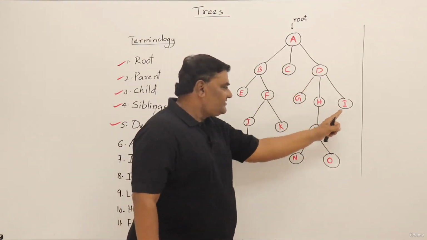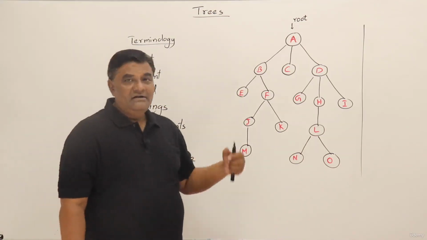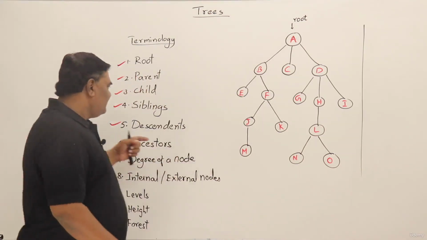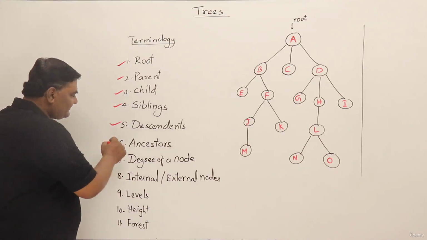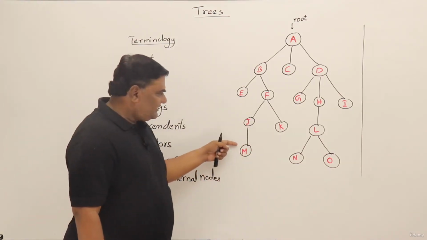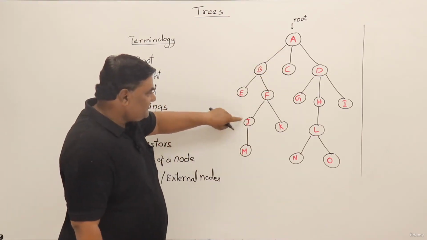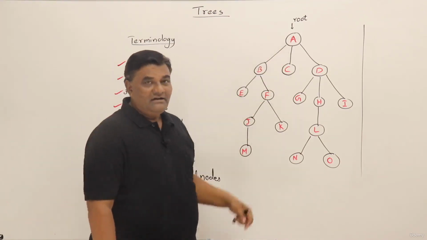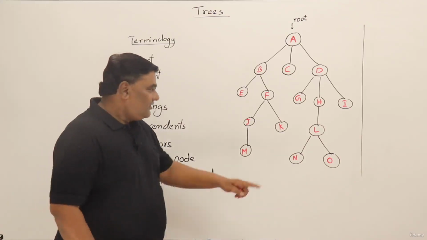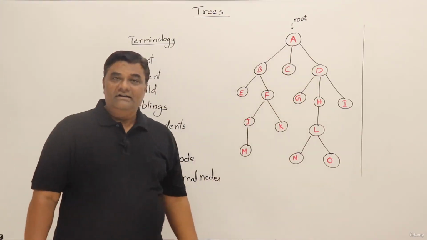For D, G, H, I, L, N, O, all the nodes that are reachable from D are descendants of D. Next is ancestors. For any node, all the nodes along the path from that node to root node. So for M, J, F, B, A are ancestors. For N, L, H, D, A are ancestors.